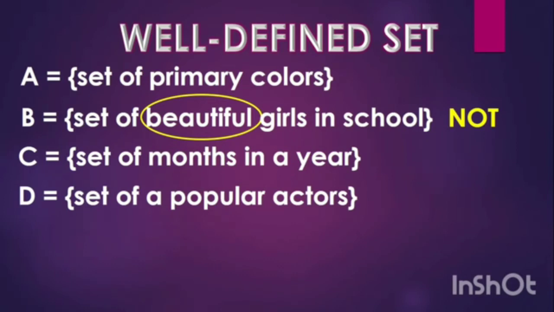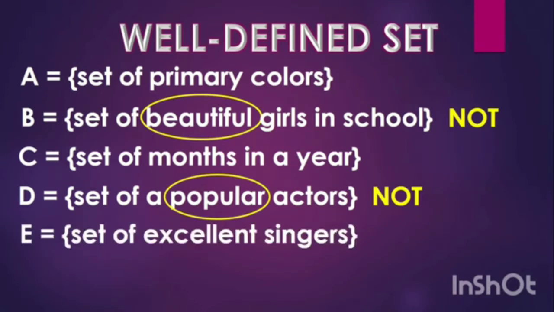Set D, set of a popular actor. So, this is, again, not a well-defined set because of the word popular. Next, E, set of excellent singers. So, this is also not well-defined because of the word excellent.